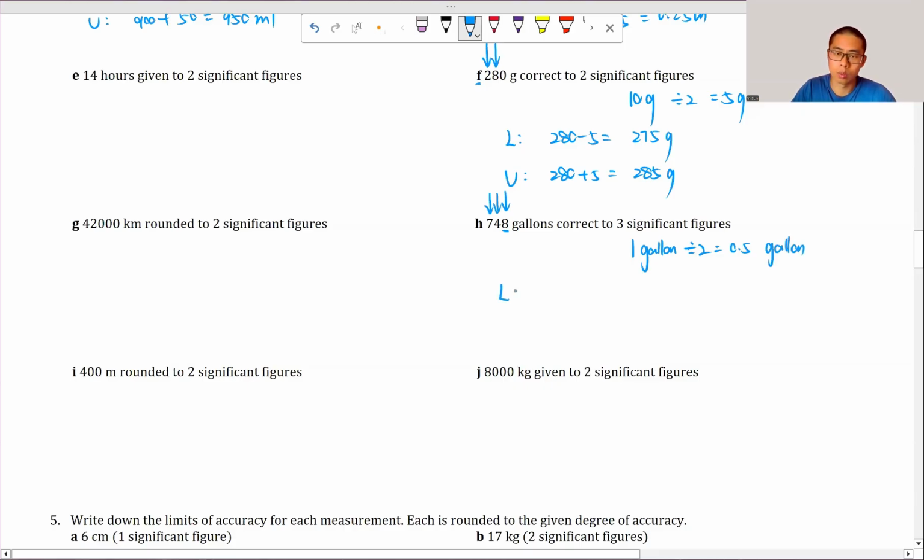So lower is 748 minus 0.5, which is 747.5. And then upper is 748 plus 0.5, which gives us 748.5. That's how we find the upper and the lower bound.